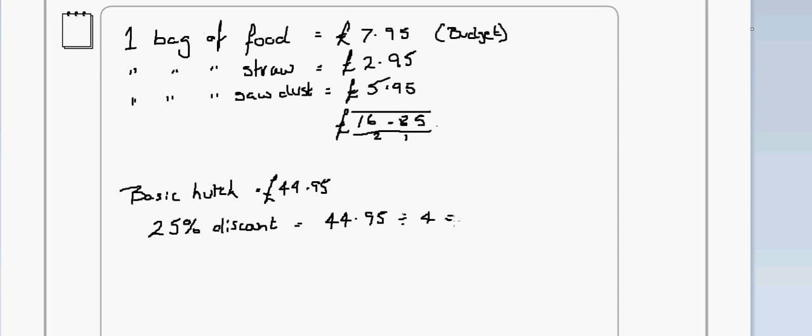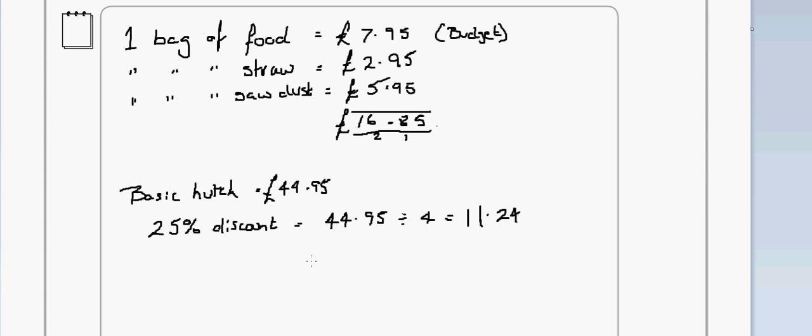Okay, so that would give us, I'll turn my calculator on, so £44.95 divided by 4 gives us an £11.24 discount.